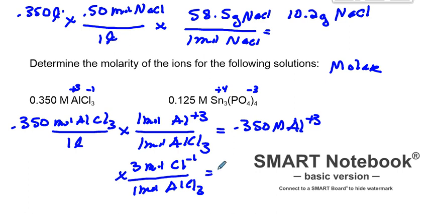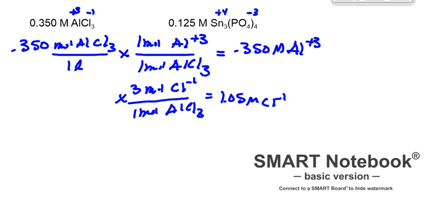And that means we have 3 times the amount of a chloride ion. So that'd be 1.05 molar Cl-1 ions. So we get 3 times the amount of chloride for every 1 aluminum, because that's what the formula says.